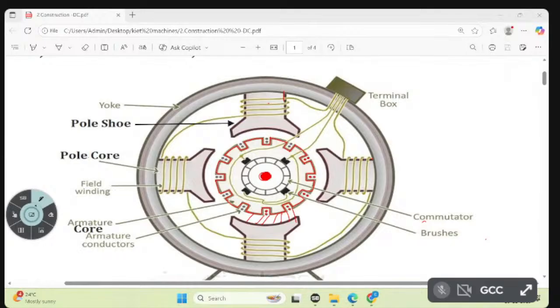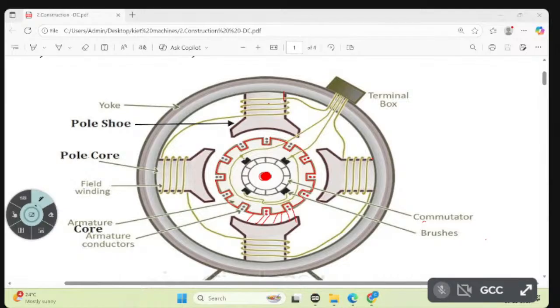Okay, right. So conductors are housed in the rotor slots. The rotor contains rotor slots where conductors are placed. The rotor slots are made up of cast iron.